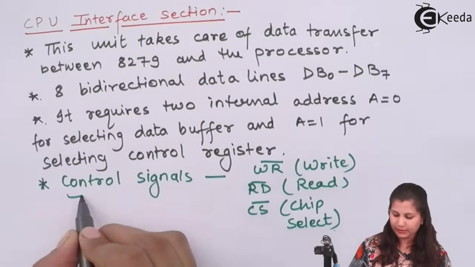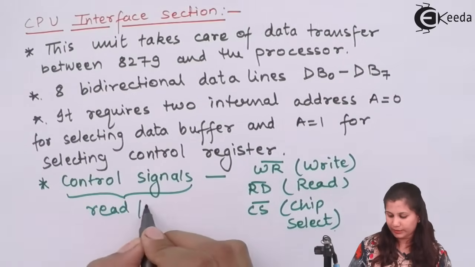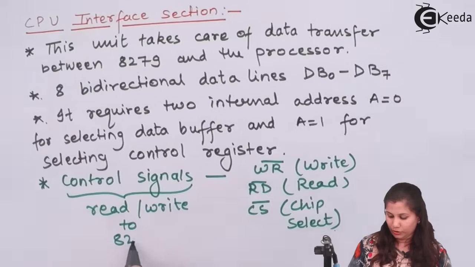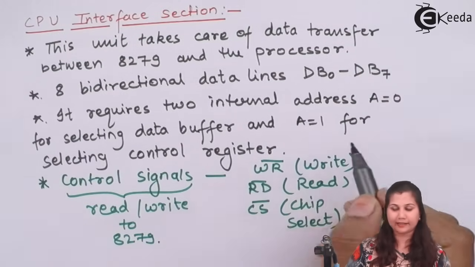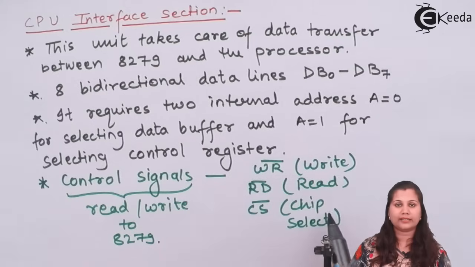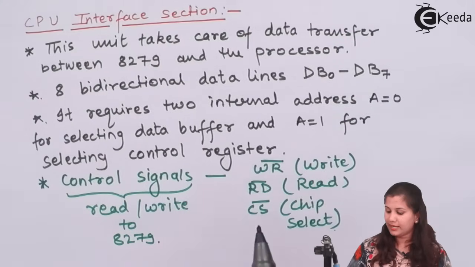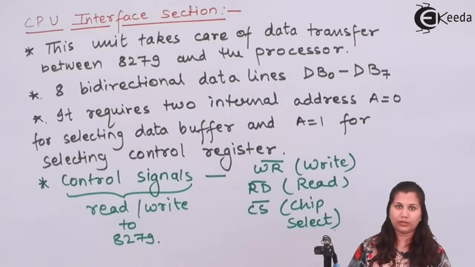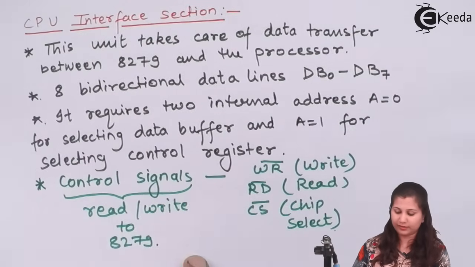These control signals are used to read and write to the 8279. Whenever the write signal is active and CS bar is active, the data will be written into the 8279. When read is active and chip select is active, the data will be read from the 8279. So this is the function of the control signals.